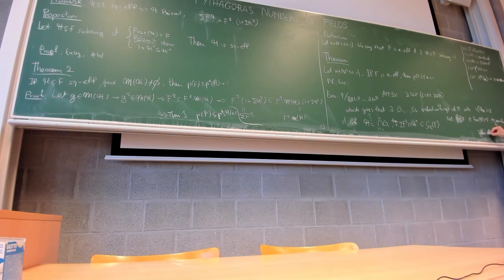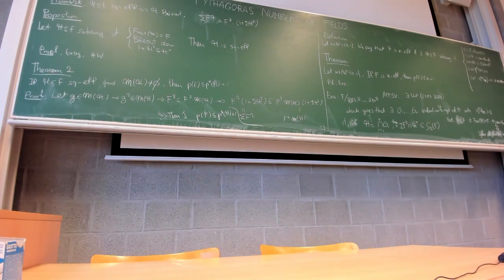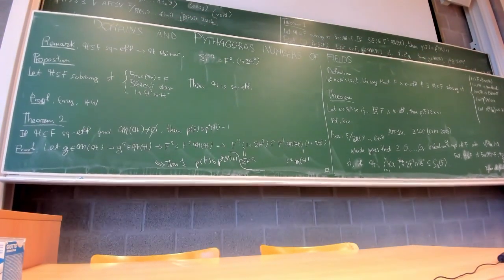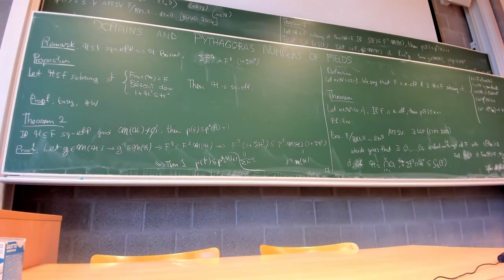Intersection of finitely many valuation rings of F. So you will see that this H is a semilocal Bézout domain, and of course its fraction field is the whole field.